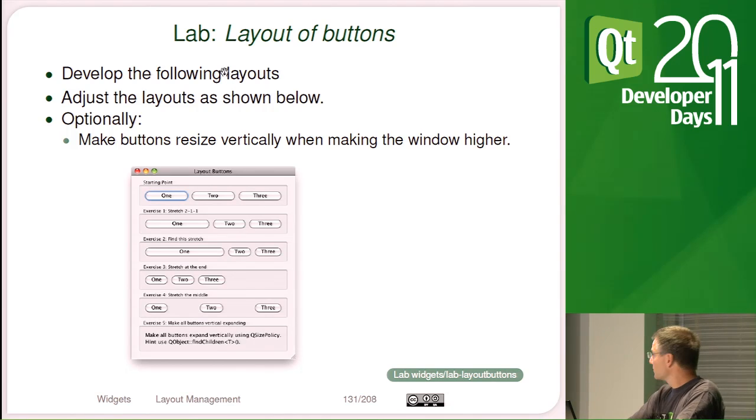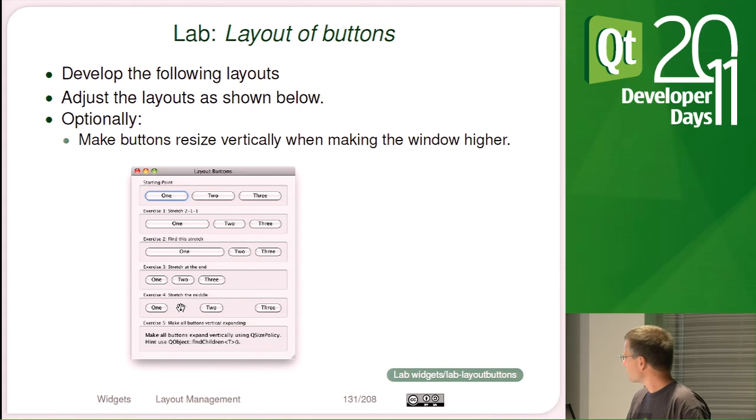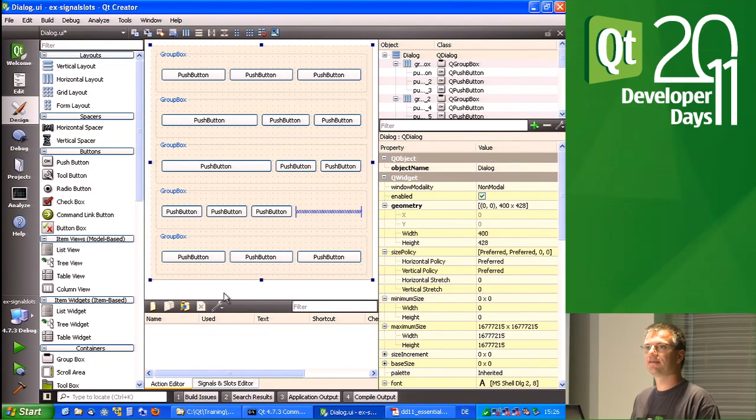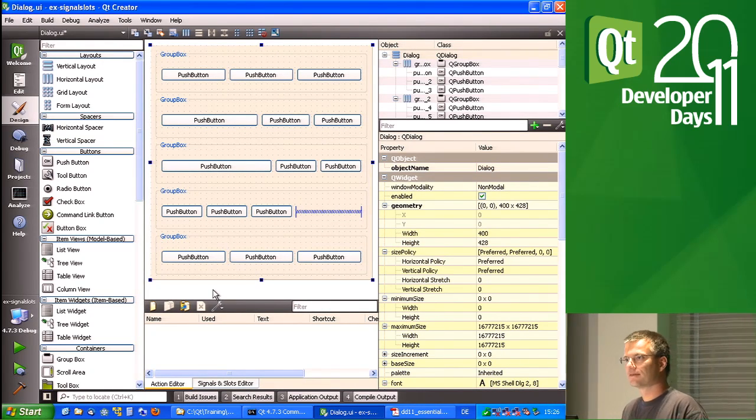And the last one is also pretty simple. Now we try to occupy the space in between the buttons. So same space here and in between here. How do we do that? Same.